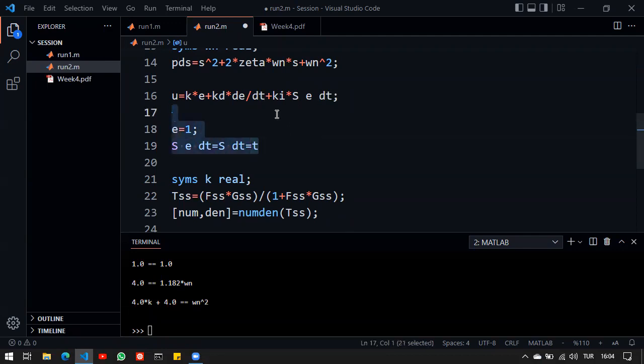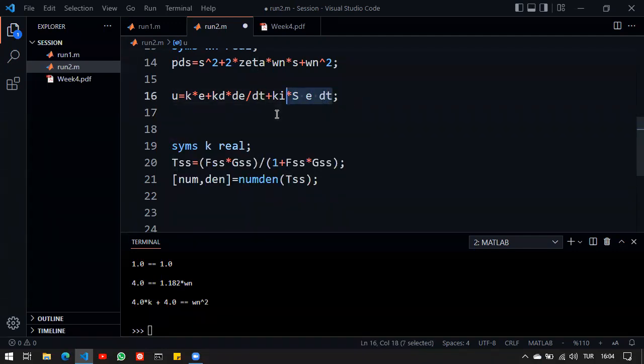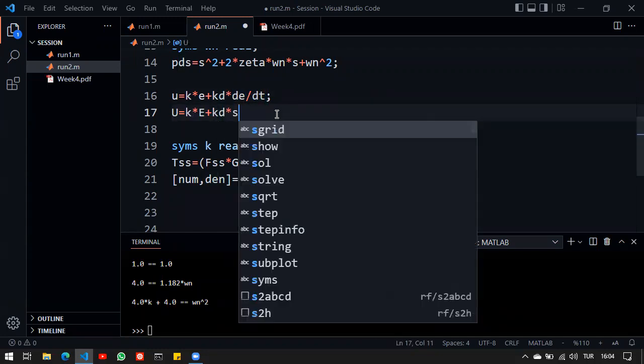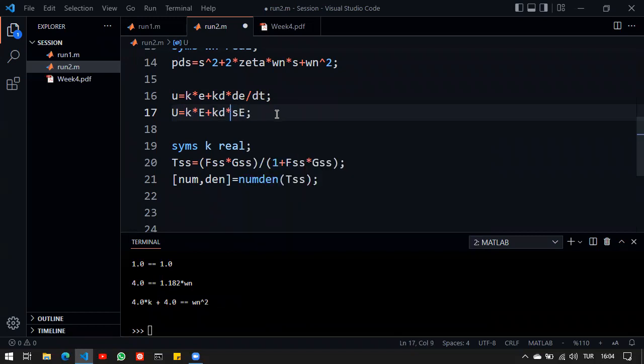Now, of course, I'm going to go step by step. So therefore, let's take only the PD controller. Now, if you use the Laplace transform, you can see that we will end up with kp times e plus kd times the derivative of e, which in the Laplace domain is s times e. So let me also call this part kp, because we have multiple controller coefficients. So kp, the proportional part, kd, the derivative part.